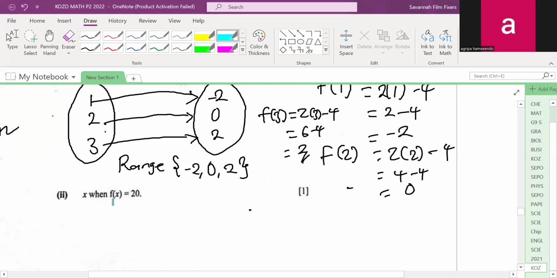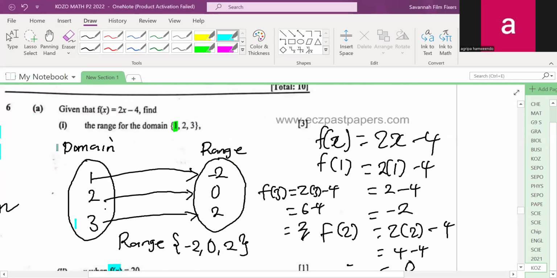F of x is the function, so where there is f of x, we have to replace it with the function. Let me show you. This is the function here. F of x is 2x minus 4. You are seeing it, right?